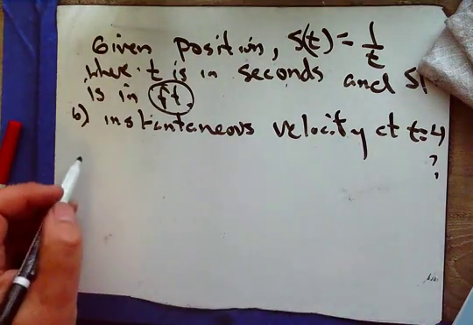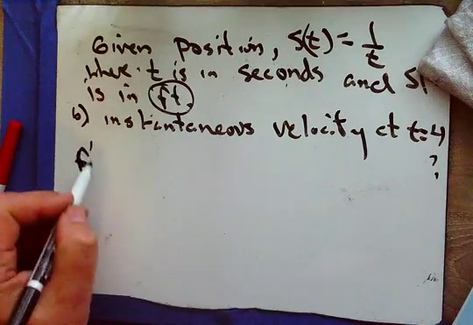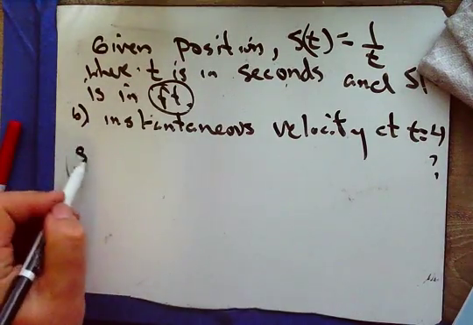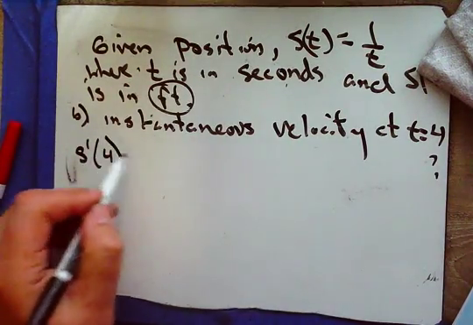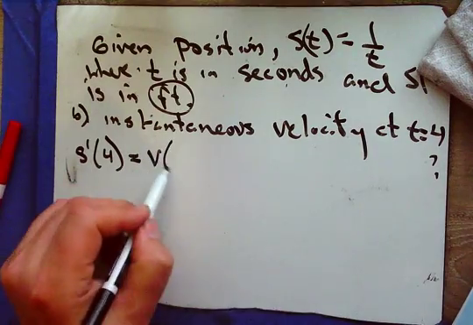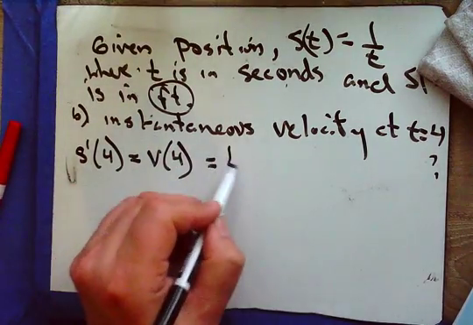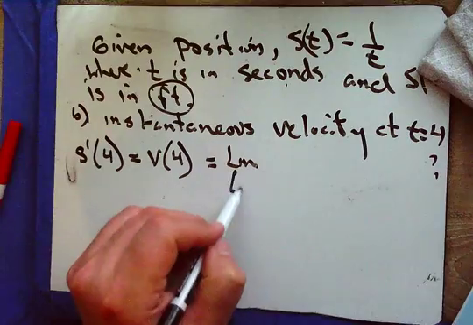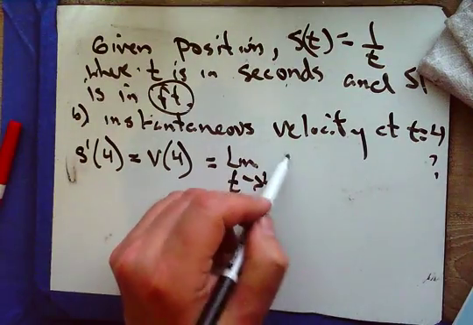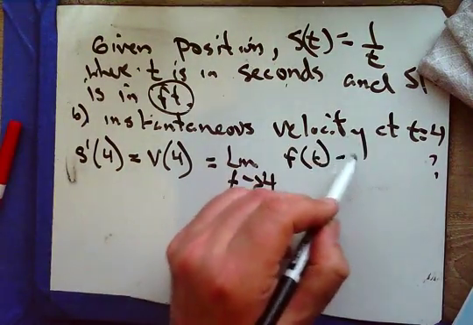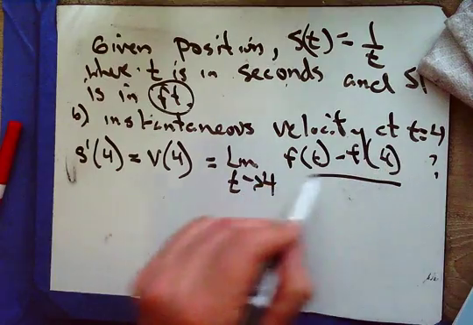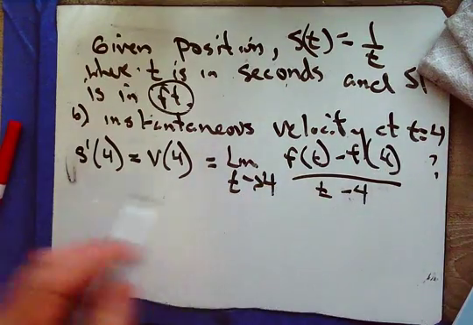So how about we use f prime, oh no, s prime of 4 equals v of 4, which is the limit as t approaches 4 of f of t minus f of 4 over t minus 4.